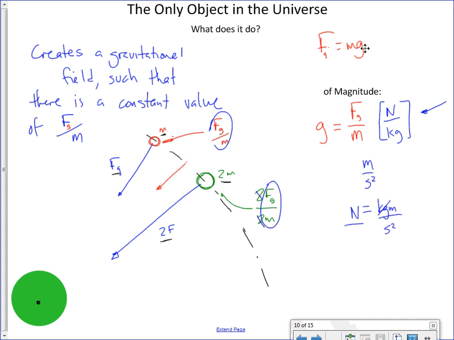So a newton per kilogram, oh yeah, is the same thing as a meter per second squared. So this is a pretty big deal. You don't really need to concern yourself too much with that, but it's not rocket science. What we're saying here is that g is two things. One, it's really gravitational field strength, and therefore, gravitational acceleration.